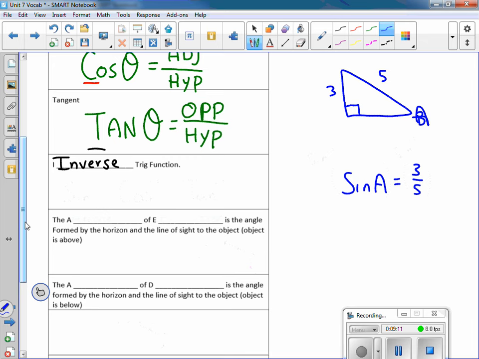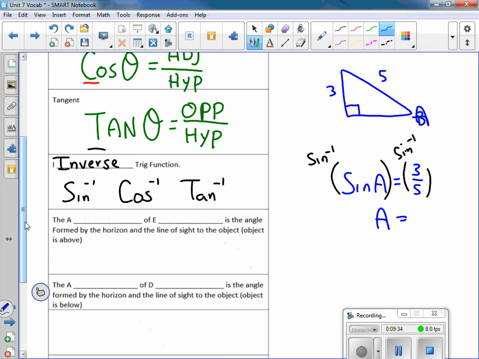Now, we're going to need our inverse trig functions so that we can get rid of that sine and make it A equals some number, so we can actually find out what that angle is. What we find out is that the opposite of taking the sine of an angle is the inverse sine, which is written with a little -1.